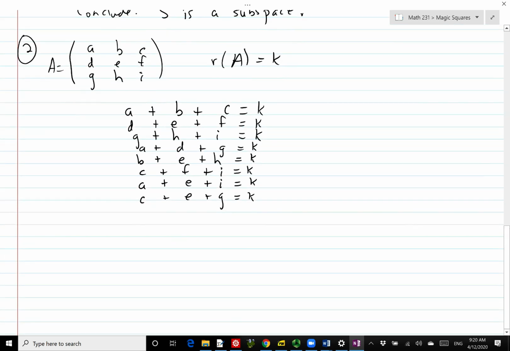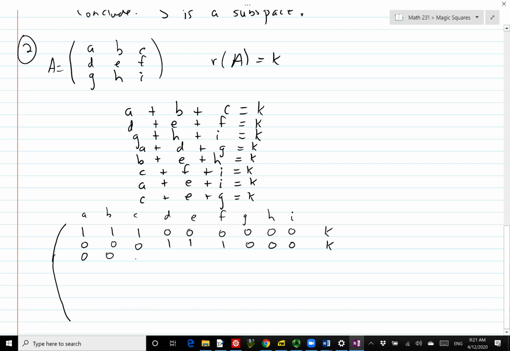And from here we can create the following matrix. So let's see. We have 1, 1, 1, with columns A, B, C, D, E, F, G, H, I. So we have 0, 0, 0, 0, 0, 0, and then K. Then we have 0, 0, 0, 1, 1, 1, 0, 0, 0, 0, 0, 0, 0, 0, 0, 1, 1, 1.